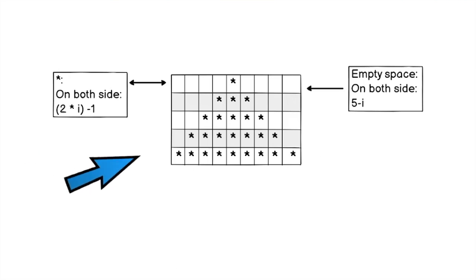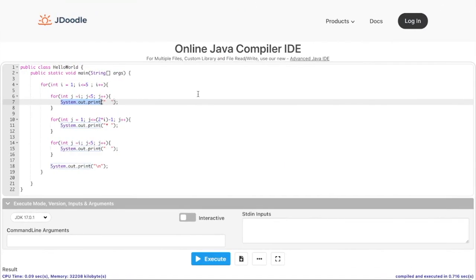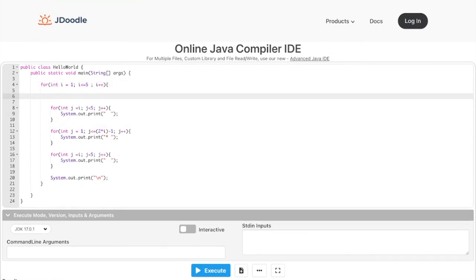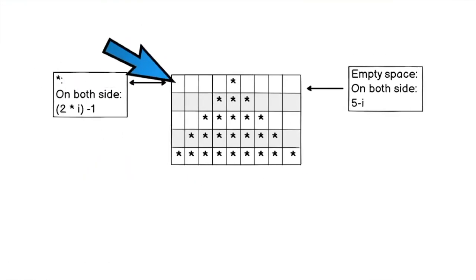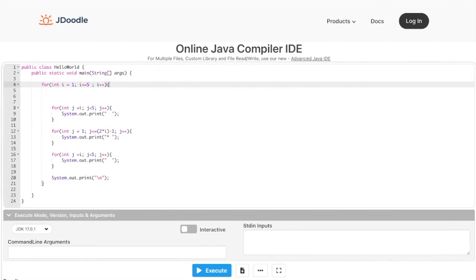Okay, and instead of that, since we have string multiplication, we can let this for loop be like this. On the first row, we need 5 minus I times empty spaces.